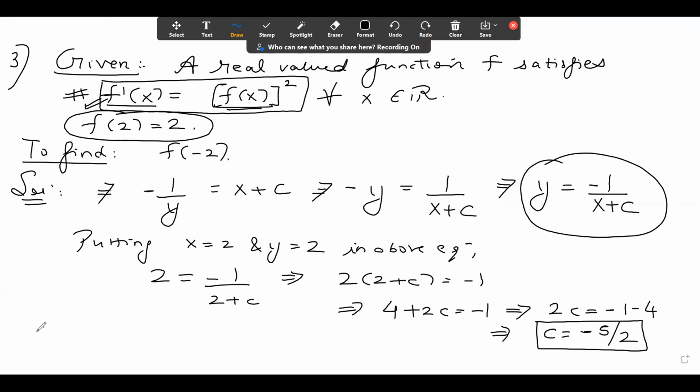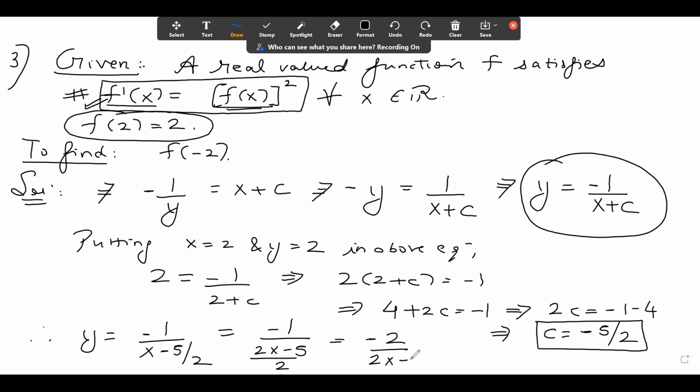This was the function. So I can write, therefore, y is equal to -1 upon x plus c, and c is -5/2. This is -1 upon, I can take 2 as the LCM, so this is 2x minus 5. So 2 goes up, it becomes -2 upon 2x minus 5.